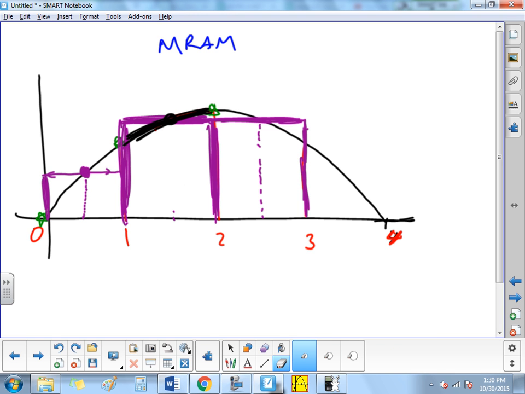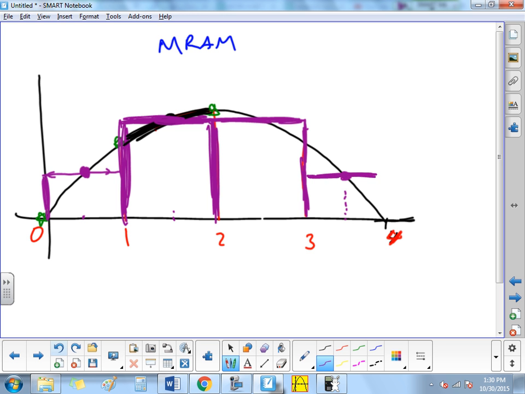So the last two rectangles we drew are the same. And then the last thing is to go to 3.5. So halfway between 3 and 4. So go to 3.5, find the curve by going straight up, sketch your last rectangle.